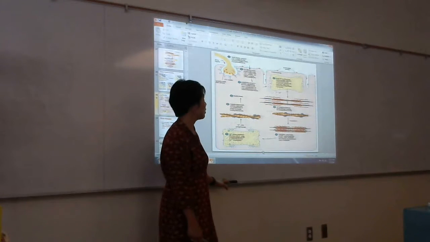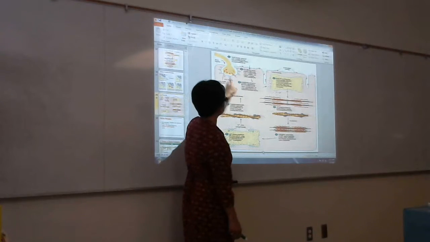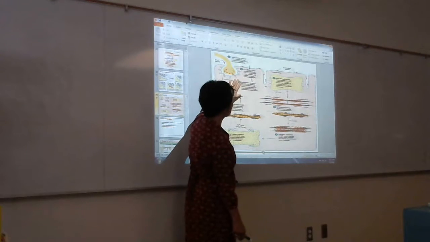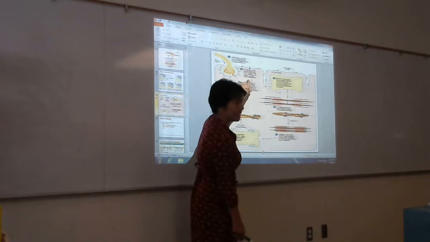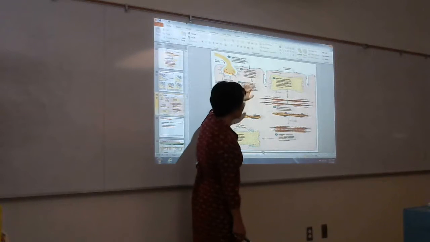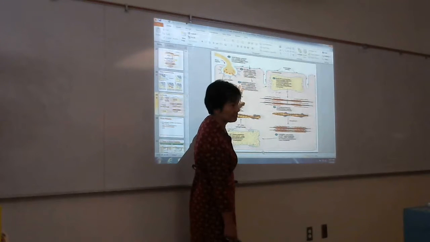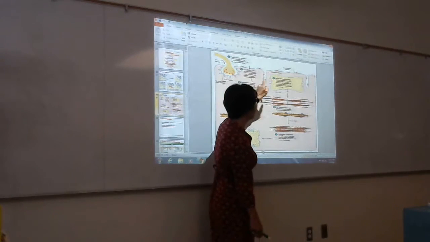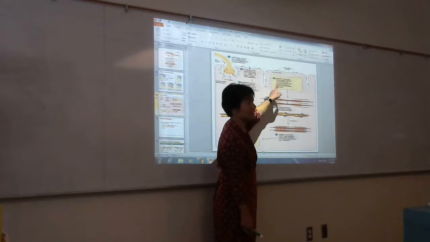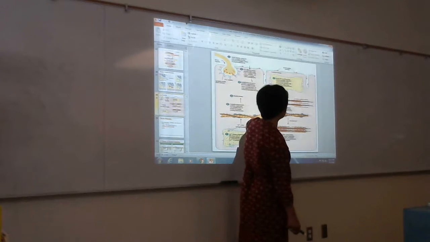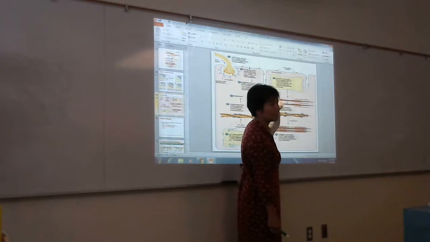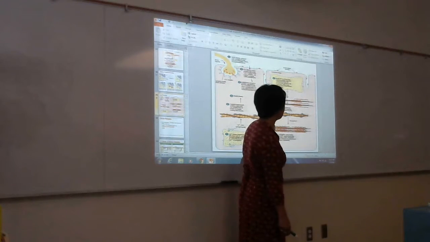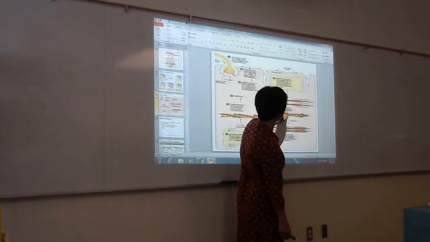Okay? So look, the nerve will stimulate this, that's number one. Number two, the result is a muscle action potential, meaning that it stimulated the muscle. Okay? We're going to jump here. Look at the result of muscle action potential: the release of calcium from the sarcoplasmic reticulum. And so the calcium is the key. See, look, it binds to troponin.